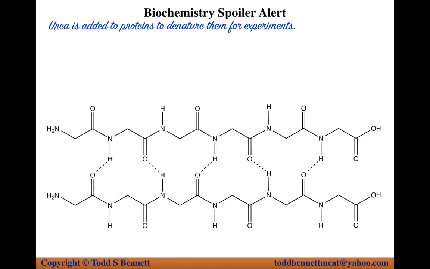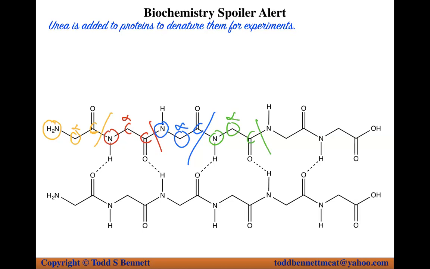So I alluded to something. Let me make sure we know what a protein is exactly. A protein is a long strand of amino acids, which have an amine group, an alpha carbon, a carbonyl carbon, connected to an amine, an alpha carbon, a carbonyl, connected to an amine, an alpha carbon, a carbonyl, and so forth.